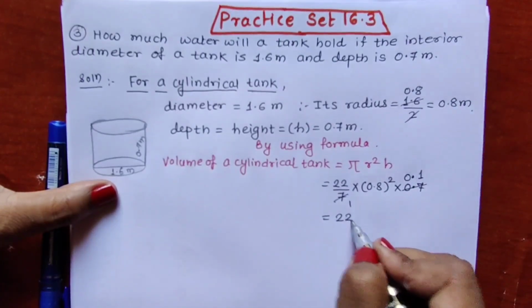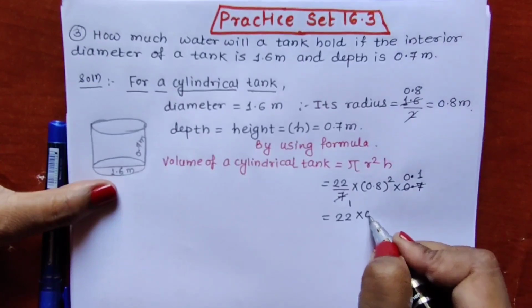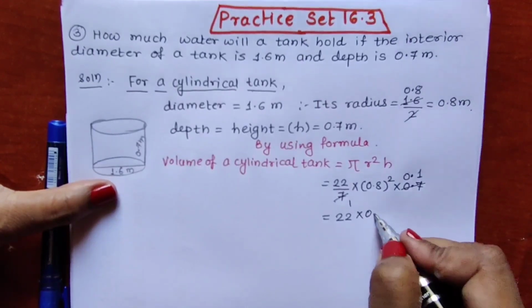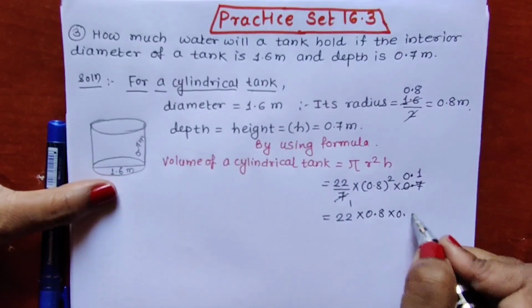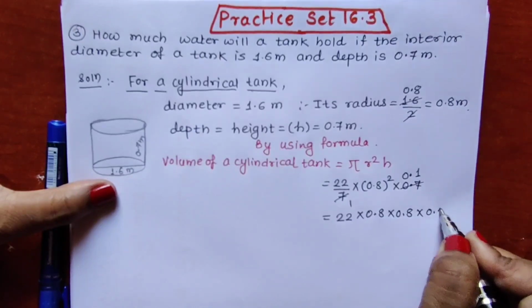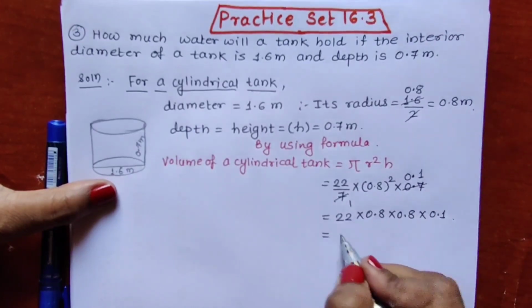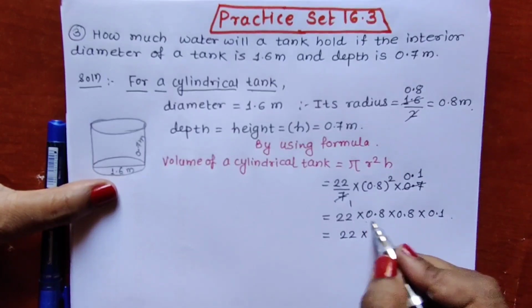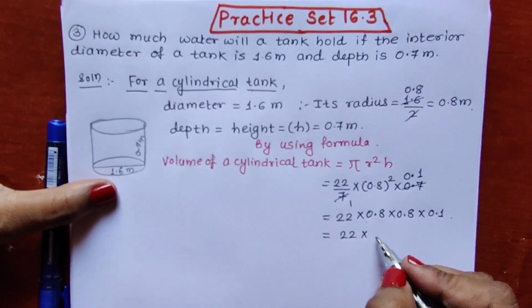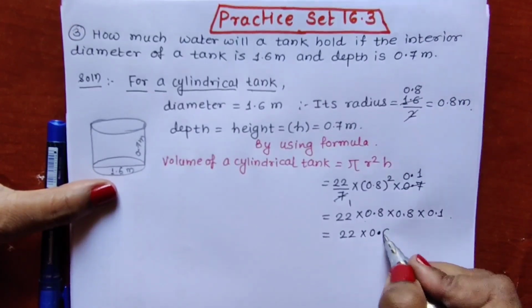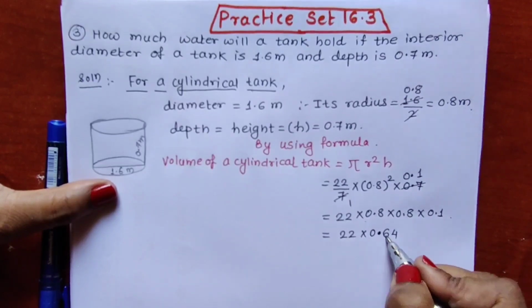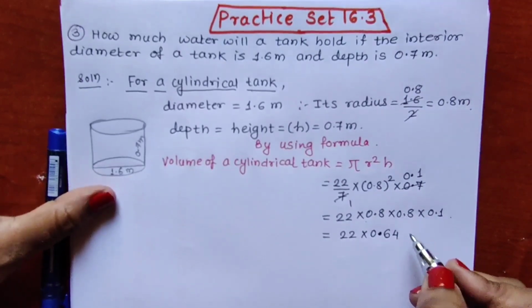So 22 into 0.8 square means 0.8 into 0.8 multiplied by 0.1. 22 into 8 square, we all know 8 into 8 is 64, so it will be 0.64. Why after the point should there be 2 digits?